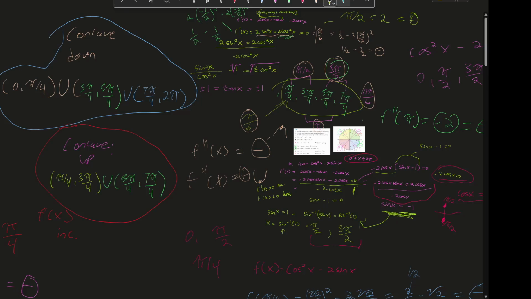If two intervals side by side were both concave down, you wouldn't need the union. You would just say it's from 3 pi over 4 to 2 pi. But since you have those unions, that implies the interval is broken up, alternating concave down and concave up.